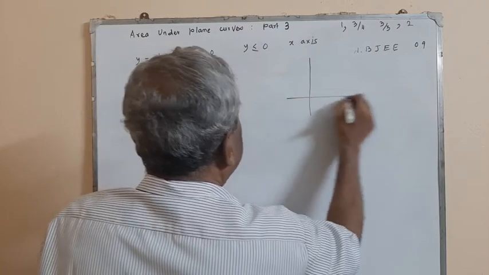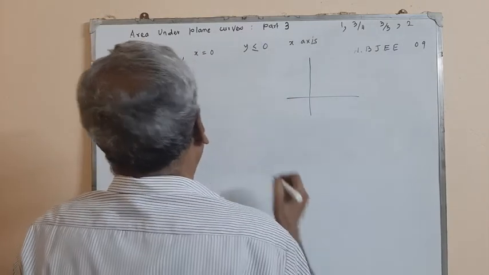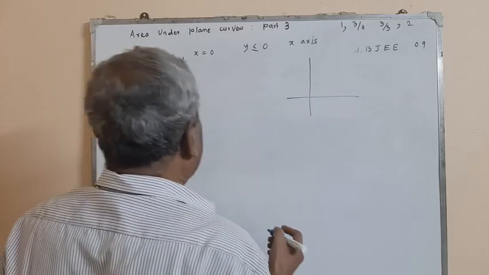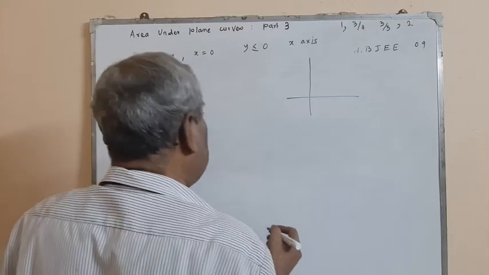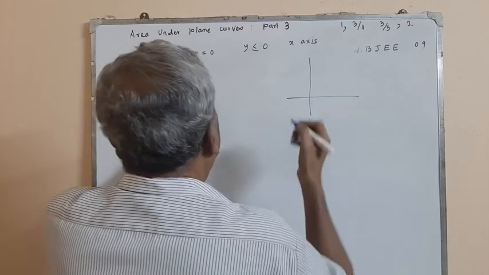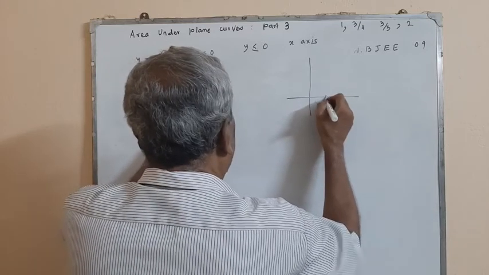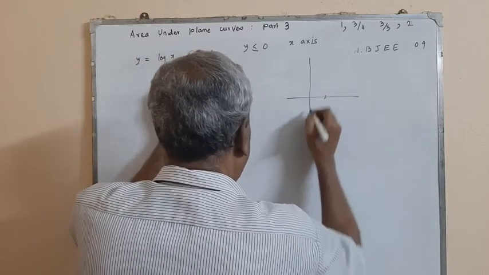Let us draw it first. Y is equal to log x. Actually, when x is near 0 but positive, it starts from minus infinity, and it meets the x-axis at the point x is equal to 1. So this is of that type.